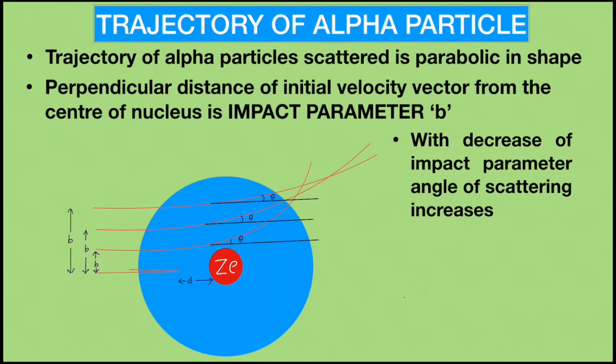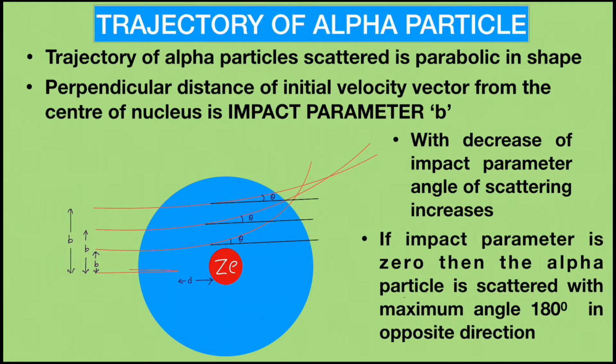This particular distance is denoted by small d and this small d is known as distance of closest approach. So if impact parameter is 0, then the alpha particle is scattered with maximum angle 180 degrees in the opposite direction, and this particular distance up to which the particle approaches close is known as distance of closest approach.